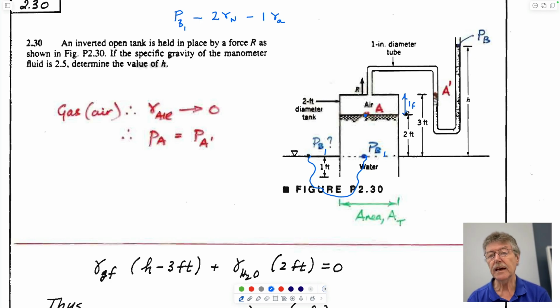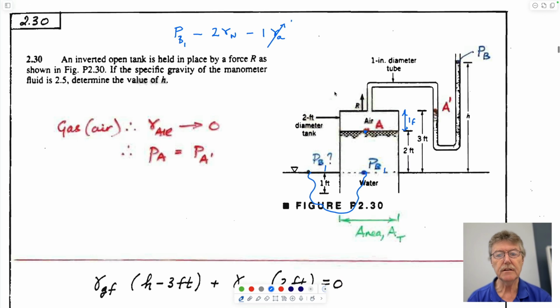So this magnitude is essentially 0, so it'll cross out. I'll move this down. So we're at this point here, and then we go down 3 feet, and we go down h feet.